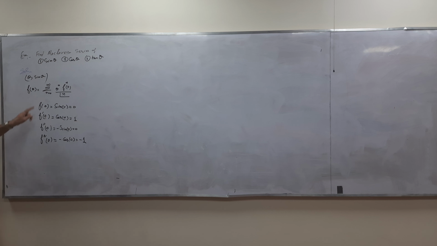Okay, one minute. Please be silent. Sine 0 is 0. The derivative of sine theta is cos theta. Cos 0 is equal to 1. The derivative of cos is minus sine, and that will be 0. The derivative of sine will be cos. Cos equal to 1, that will become minus 1.